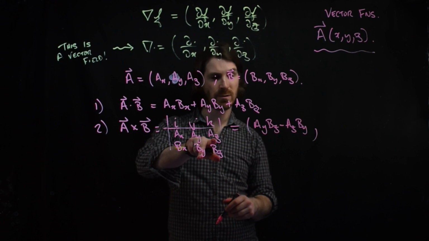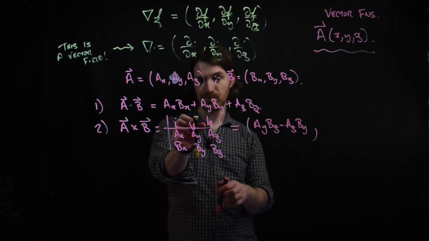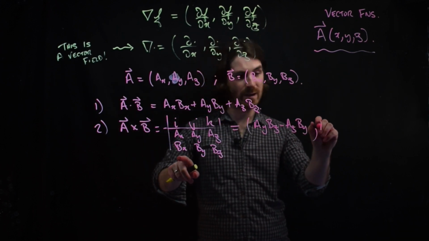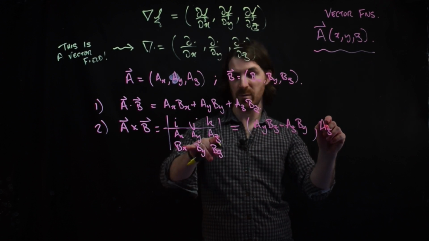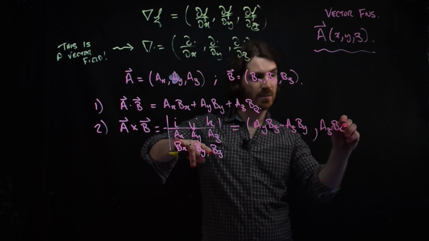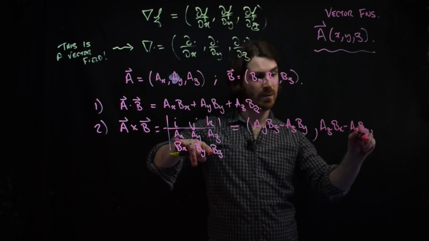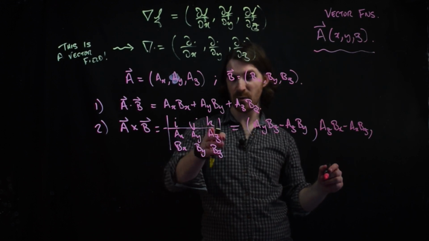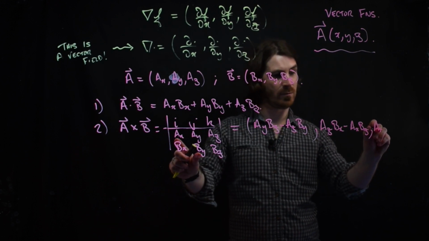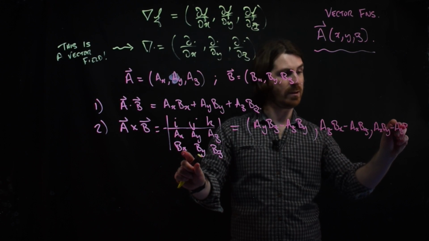That's the x component. The y component is, so we cover up this middle one, and because it's the y component, the sign swaps, so it's now az times bx minus ax bz. And the last component, the k component, we cover up this, and we get ax by minus ay bx.